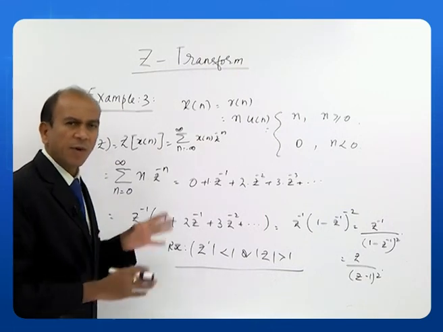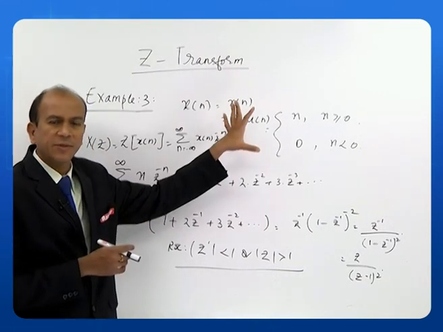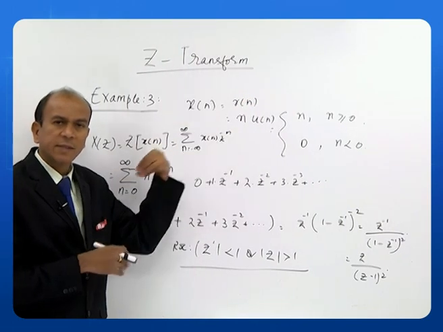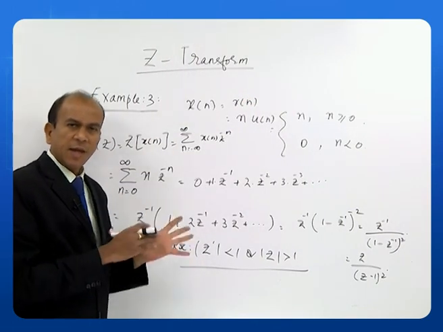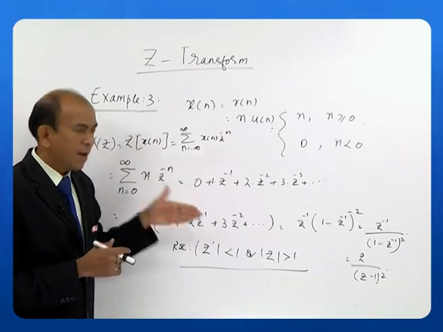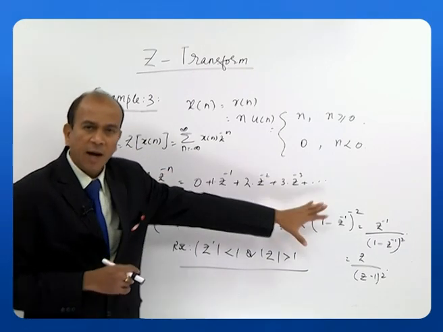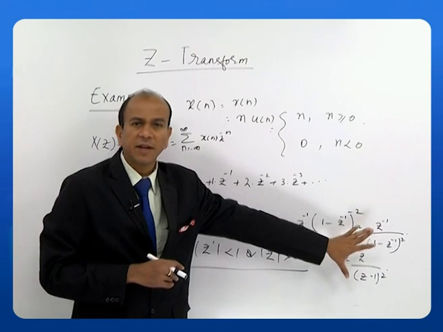Basically, what are we doing? We are taking the given signal x of n and trying to find out whether it is a right handed function or a left handed function. Then we change the limits of summation, expand the power series, and finally get the answer.